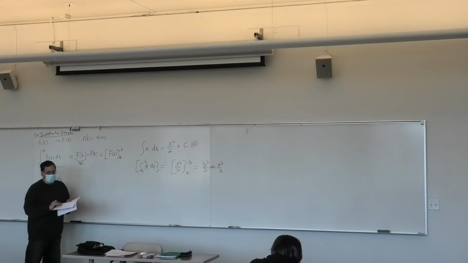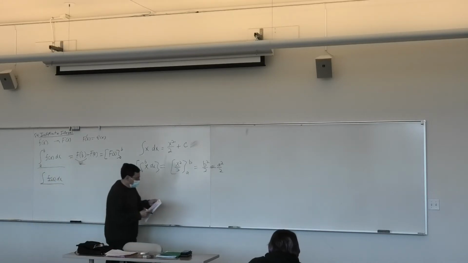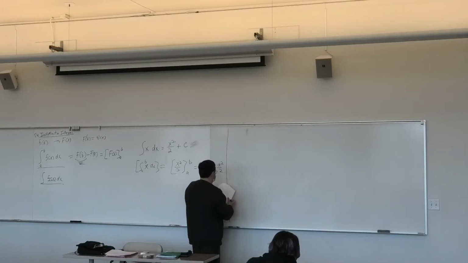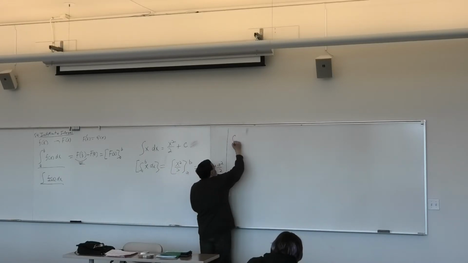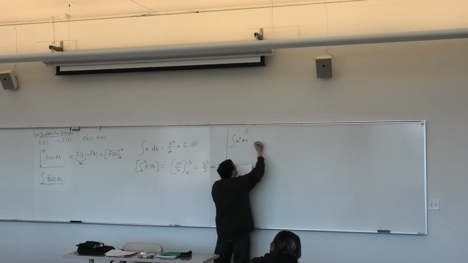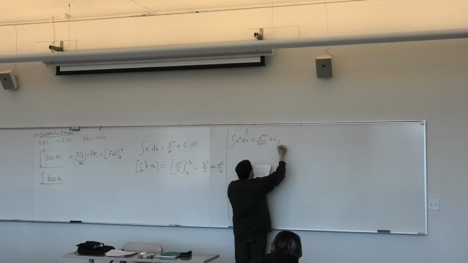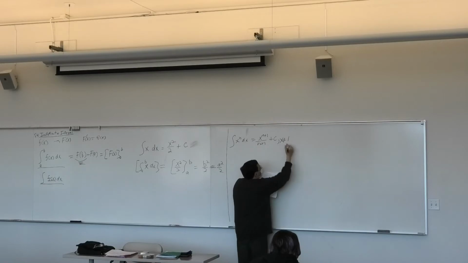All right, I know I'm repeating myself a bit here. So we have a whole long list of well-known antiderivatives. The integral of x to the n is just x to the n plus 1 over n plus 1 plus c, noting that n cannot be equal to negative 1.